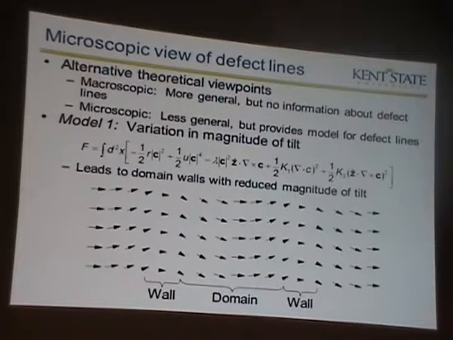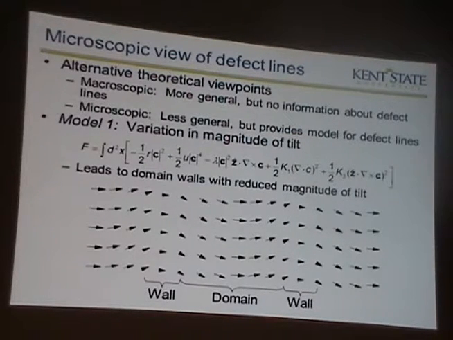Now, there are pros and cons between these two kinds of theories. One advantage of the macroscopic theory, of course, is that it's easier to do. Another advantage is that it's more general. It could apply to lots of kinds of systems where there are different kinds of behavior happening within the defect lines.